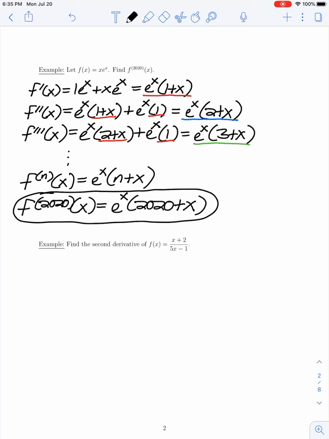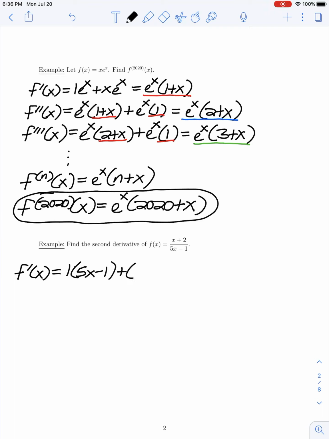In this next example, we are asked to find the second derivative of the function f of x, which is a rational function, a quotient of two polynomials. So to find our first derivative, we're going to have to use the quotient rule. So the quotient rule says we first take the derivative of the numerator, x plus 2, which would be 1, and then multiply by our denominator, 5x minus 1.